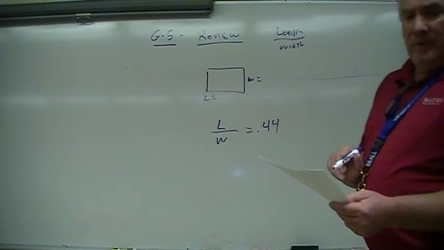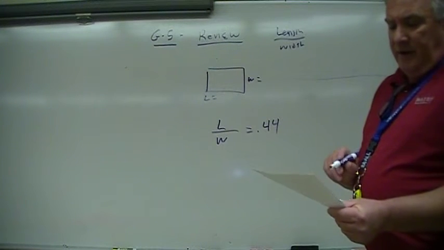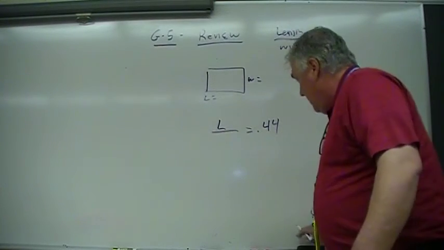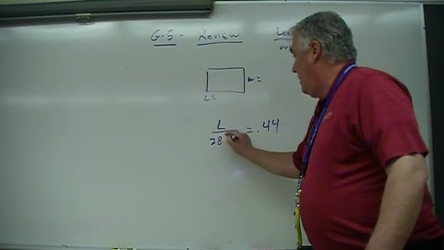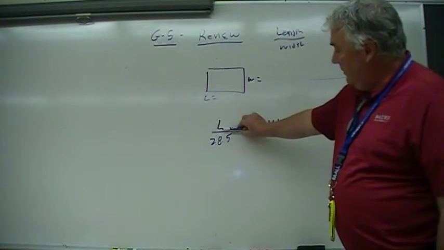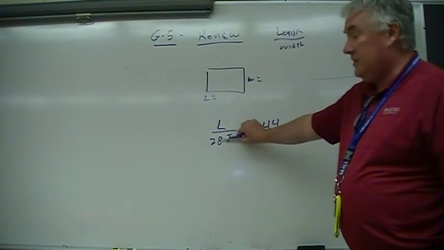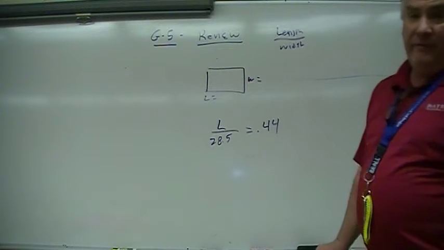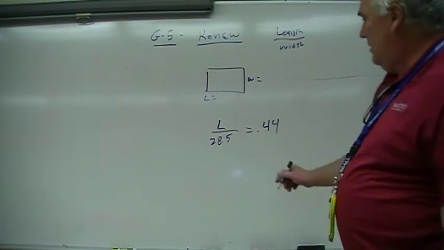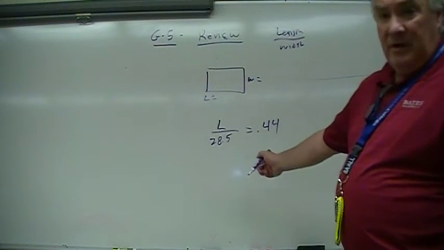Okay, so what's the next part of the problem? A similar rectangle has a width of 28.5. So if the width is 28.5, length to width, and there's our width, the ratio is 0.44. So how do we find the length? Well, solve the equation.